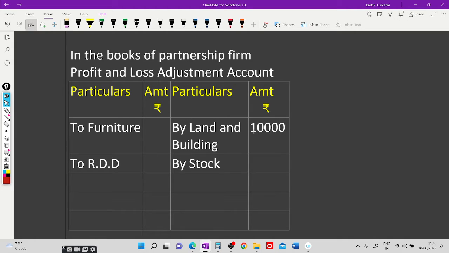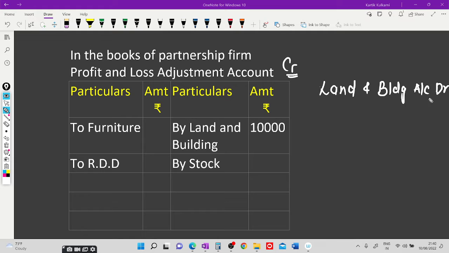So the journal entry is land and building account debit to profit and loss adjustment account credit.